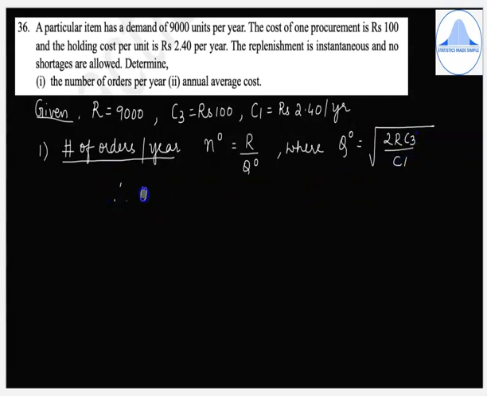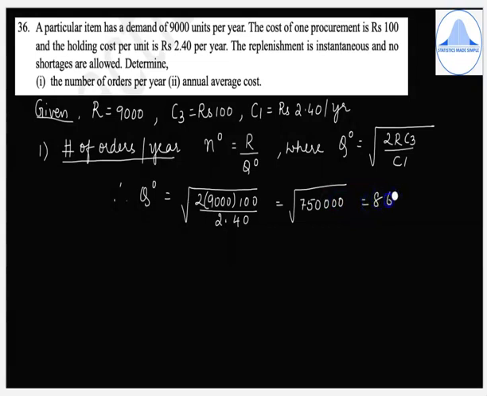So we get Q naught is equal to root of 2 into 9000 into 100 divided by 2.40, which is equal to root of 7,50,000, or 866.025 units. Which implies Q naught is equal to, I'll round it off to 866 units.